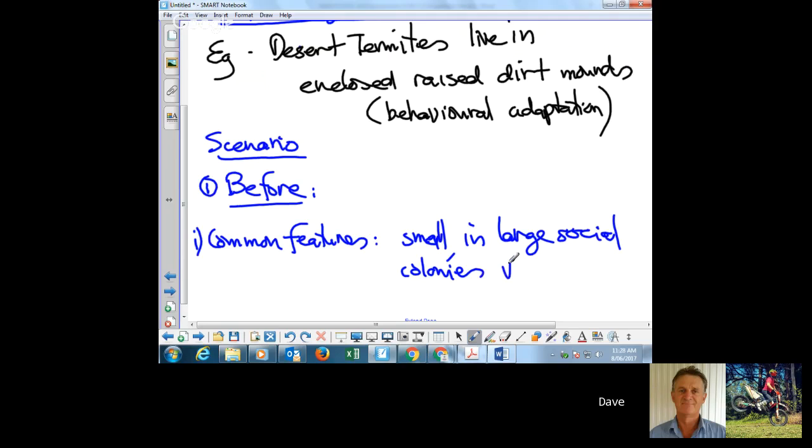Okay, so I'll put here and colonies, and feed on vegetation. That includes grasses, trees, bushes.